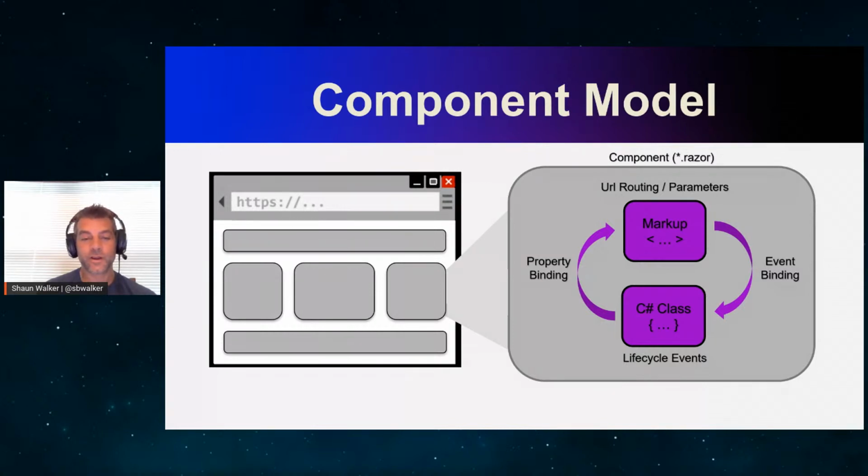I think you're familiar with, obviously, Razor components being chunks of UI, and those UIs have capabilities where they can handle routing, they can handle the passing of parameters. There's event binding, property binding, and then some lifecycle events that are part of the overall component model. You get familiar with this concept, and you'll be up and running on Blazor in no time.